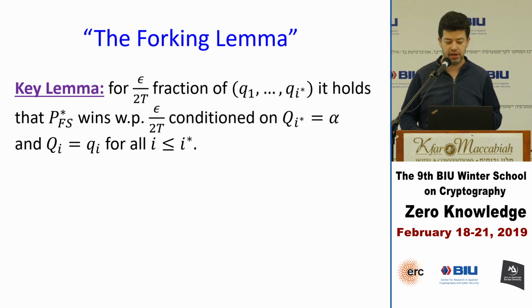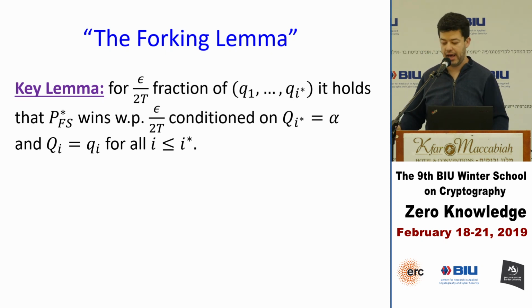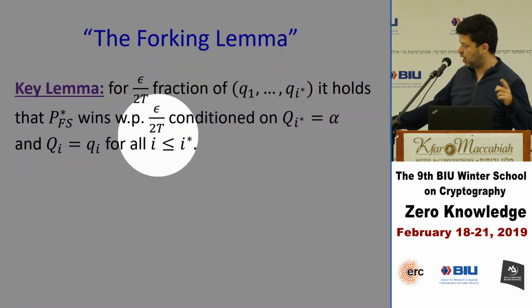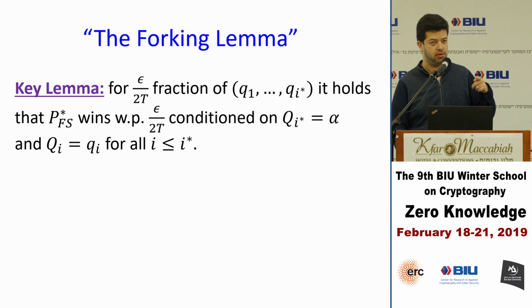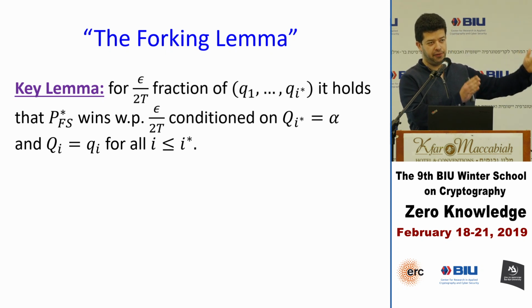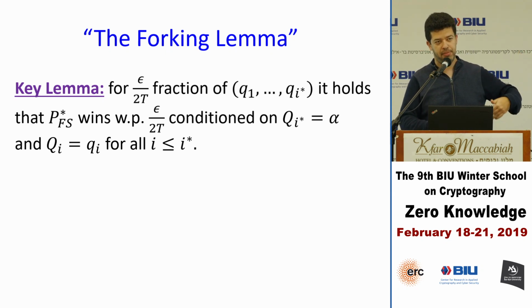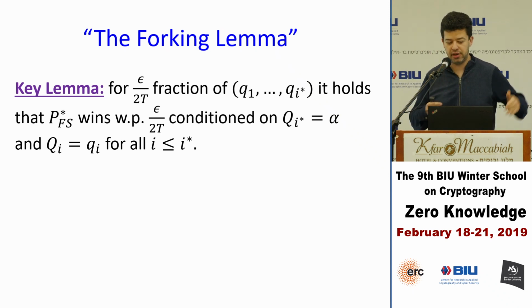It holds that the cheating prover wins with probability epsilon over 2t, conditioned on both the i-star query being alpha and the first i-star queries being exactly q1 up to q-i-star. So with good probability over the choice of the first i queries, the probability over all remaining coin tosses of the prover convincing the verifier to accept is still epsilon over 2t.